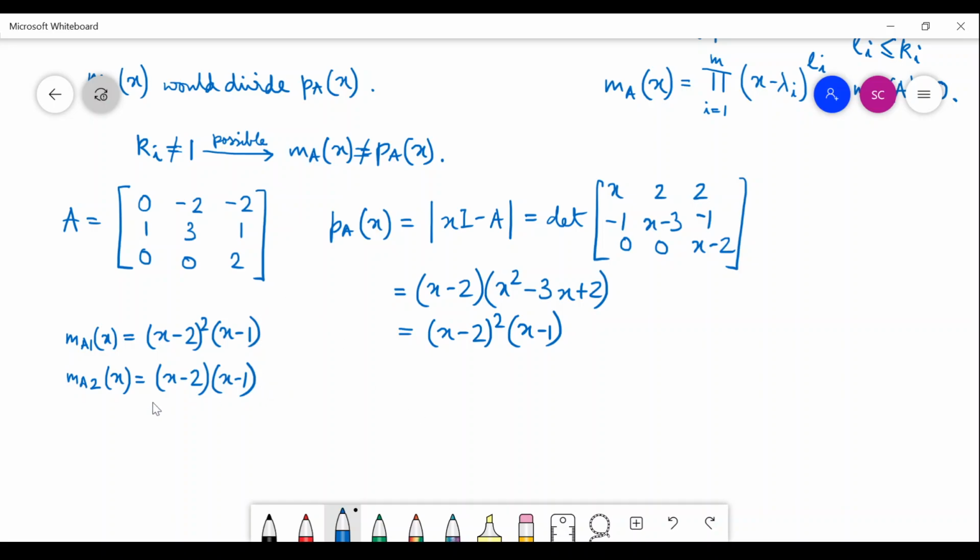Now you have to actually evaluate whether m_A2(A) equals 0 or not. You are pretty sure that m_A1(A) would be 0 because it is the characteristic polynomial, but this can also be 0. If this is 0, then the minimal polynomial would be this, and if this is not 0, then the minimal polynomial would be this.